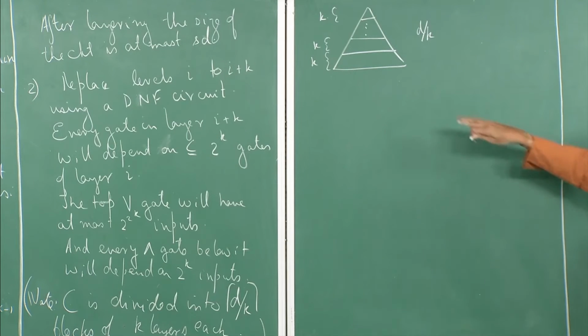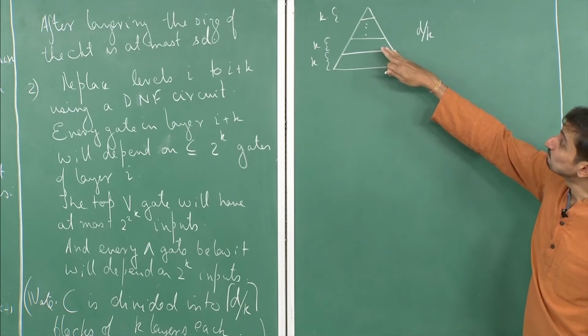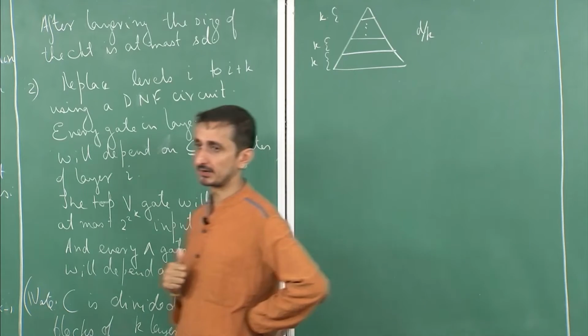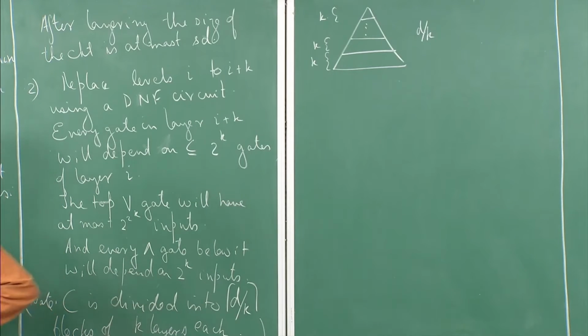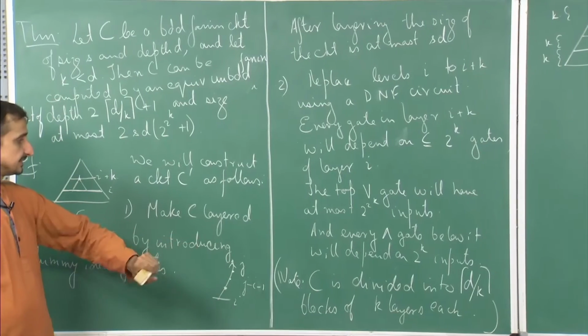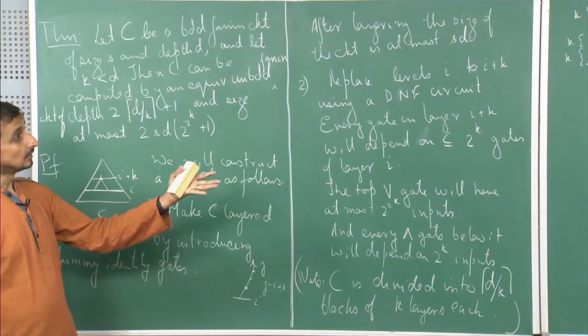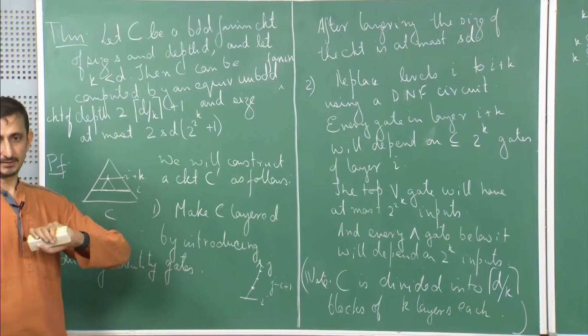Okay. So, each block of K layers I am replacing with a 3 layered circuit. Okay. So, we will count how many nodes are increasing. So, right now what we have done has reduced C prime from depth D to 3D by K, correct.